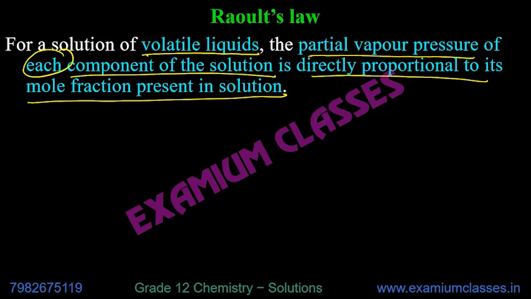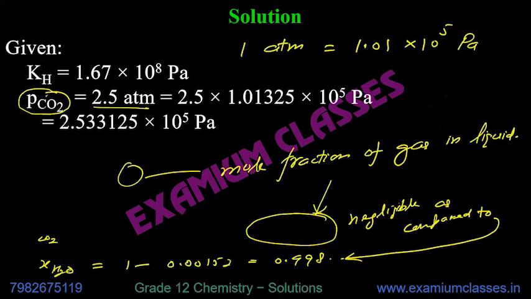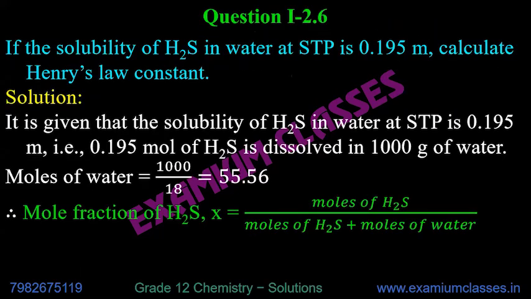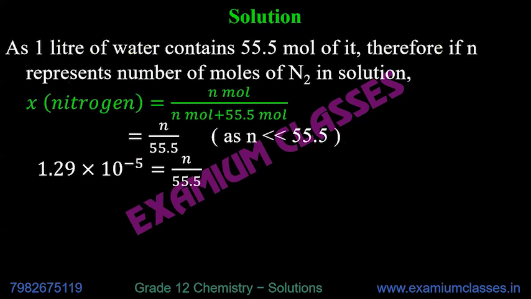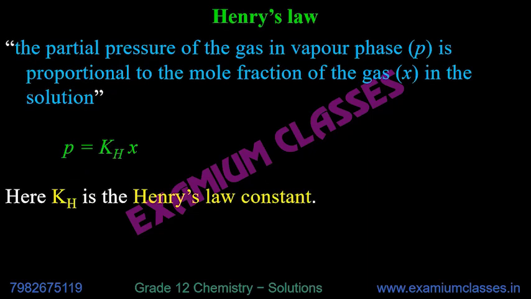So this law says that the partial vapor pressure due to vaporization is directly proportional to its mole fraction present in the solution. And remember how it is different from Henry's law. Henry said the partial pressure of the gas in vapor phase is proportional to the mole fraction of gas in solution.